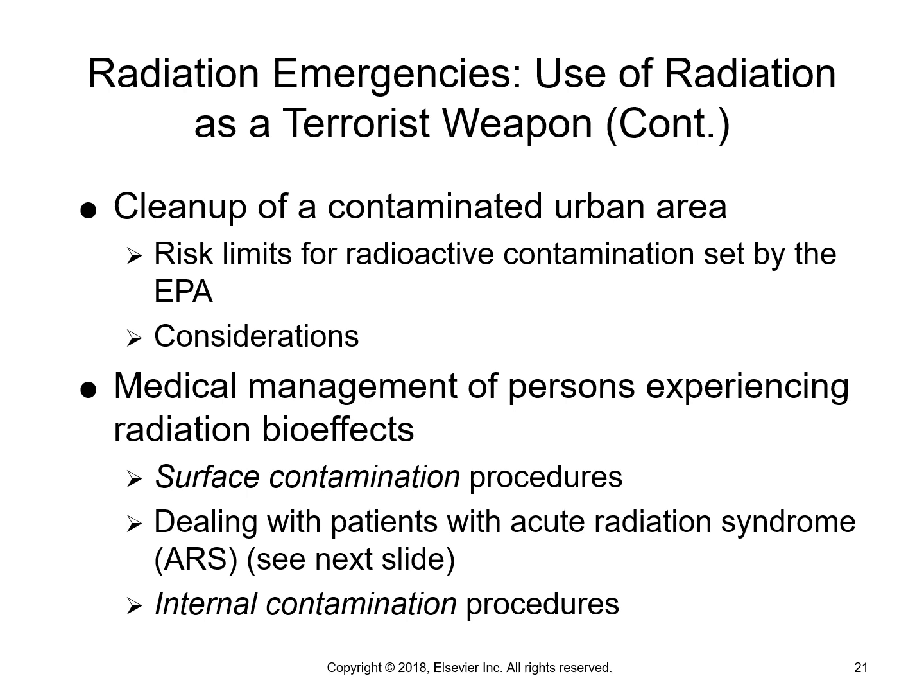Medical management of persons experiencing radiation bioeffects is going to be very challenging if they were exposed to whole body doses large enough to cause acute radiation syndromes. The first thing that you'd want to do is surface decontamination procedures, get them cleaned up, try to prevent any further damage from being done. And then dealing with the patients with acute radiation syndrome, it's going to depend on their levels.